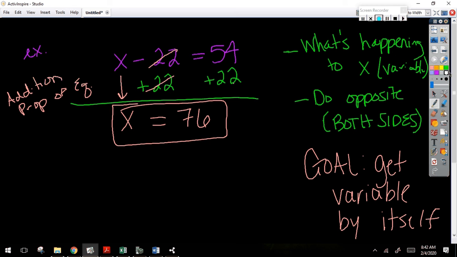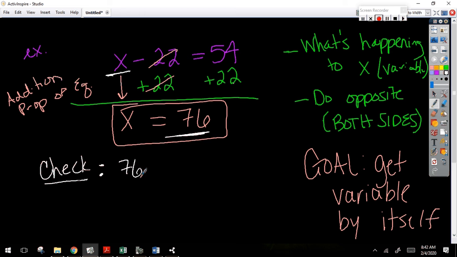I'm not quite done because I need to make sure that I got the right answer. So how do I make sure? How do I check it? You put a 76 where x is in the original equation.